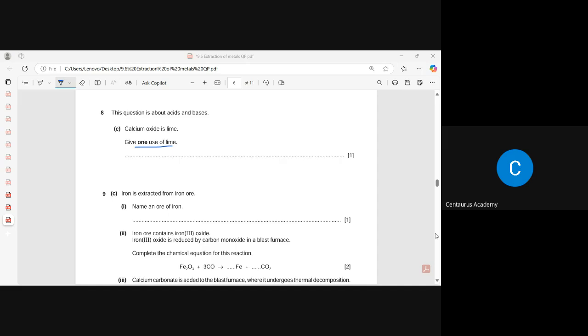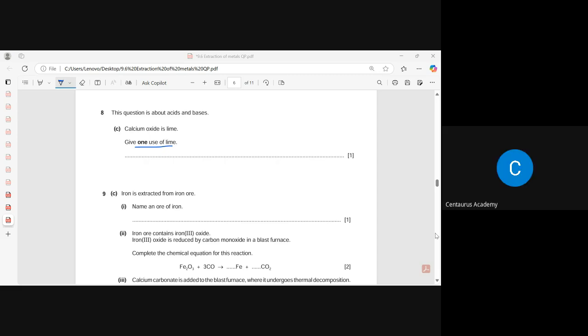One other major use of calcium oxide is that it is used in agriculture fields, in crop fields, to increase acidity or to decrease acidity. Decrease the acidity. Yes, it is going to neutralize the acidity.